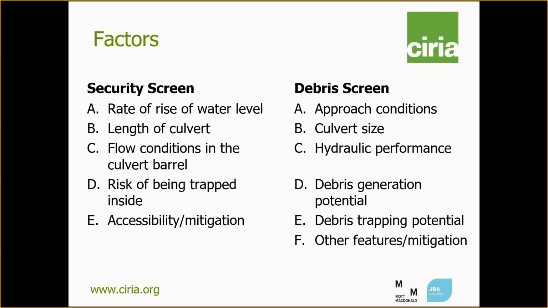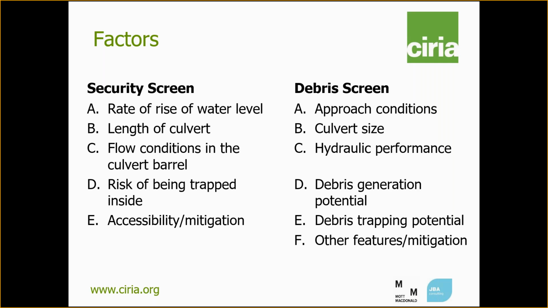Let's look at the factors, and here they're listed for both the security screen and the debris screen assessment. A lot of these were used in the existing EA Trash Screen Security Guide, but there's some new ones. These have been derived by looking at those that are most significant in terms of leading to either a health and safety risk or a blockage risk that a screen would help mitigate.